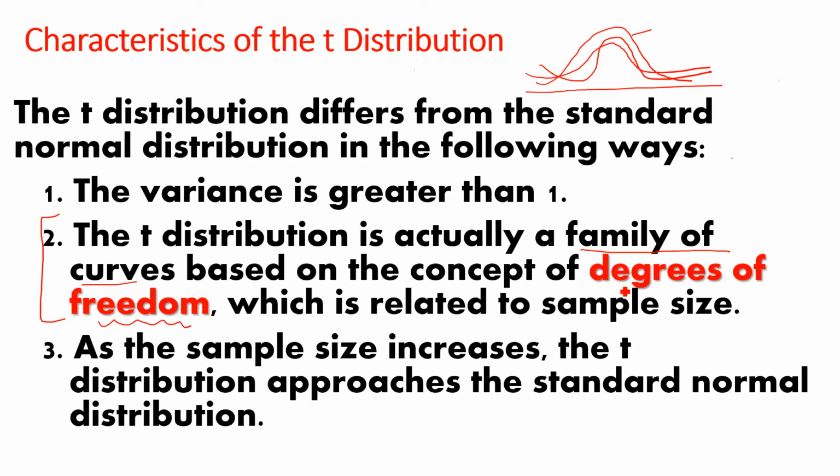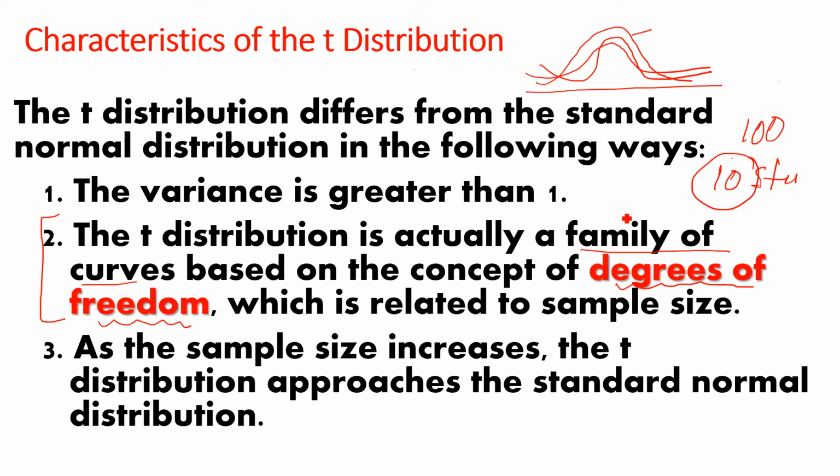This is the second point. Now, what is degrees of freedom? Degrees of freedom is related to the sample size. You know sample size. Suppose in the t distribution we usually take less than 30. Suppose I take a sample of 10: I have 100 students in my class and I pick randomly 10 students out of 100. So this is my sample.